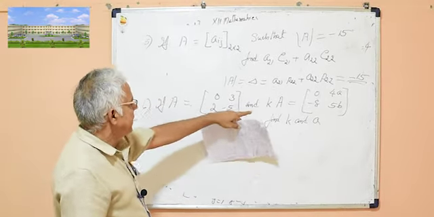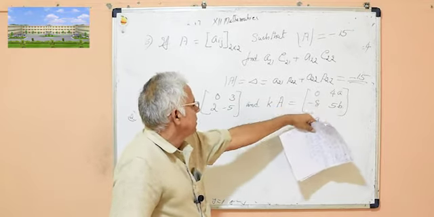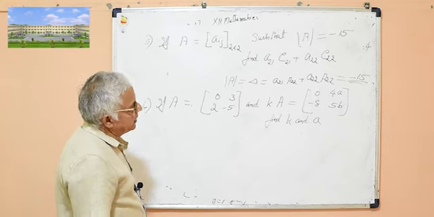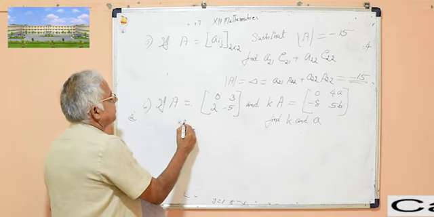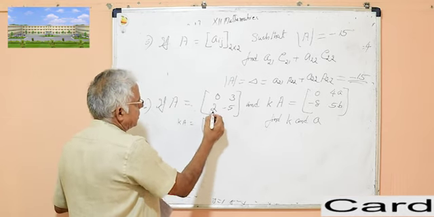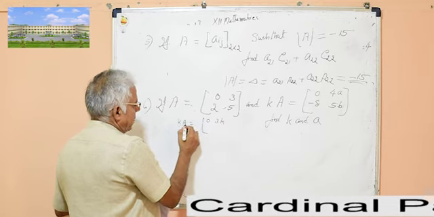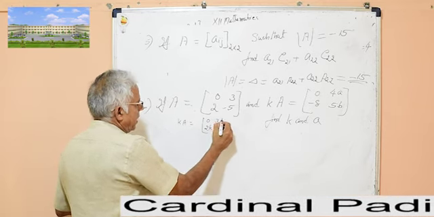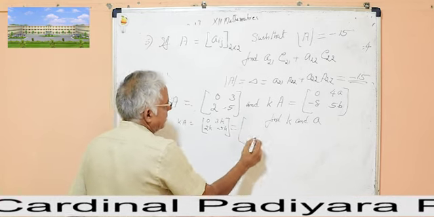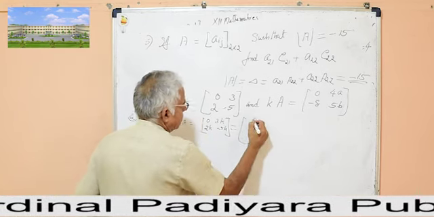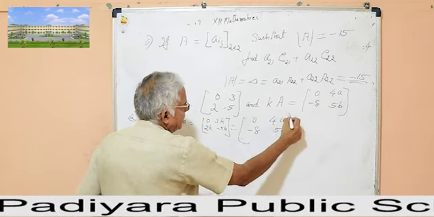So given A, K is a constant. First we find K A, which is 0, K into 0 is 0, 3 into K is 3K, K into 2 is 2K, and minus 5K. That is equal to 0, 4A, minus 8, 5B.